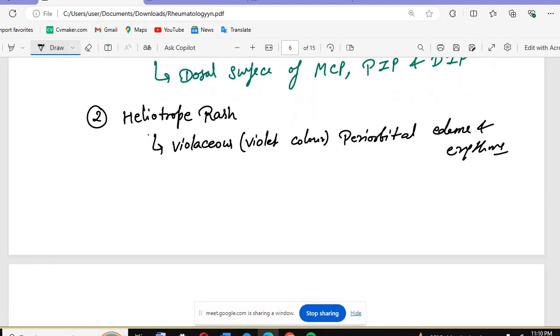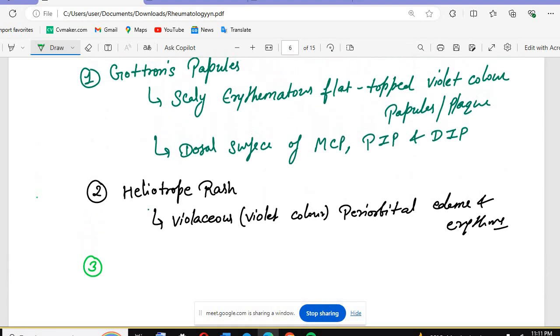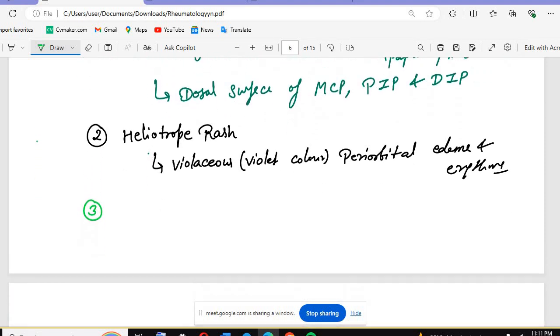After that, the third one that you are going to see here is the Gottron sign. There are two things: one is the Gottron papules, and another is the Gottron rash or the Gottron sign.